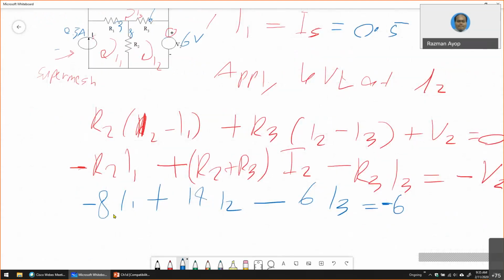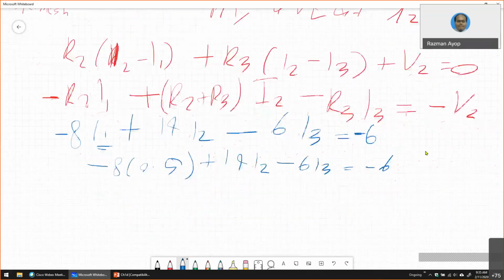You just insert the value in I1, so no need to complicate the equation. So negative 8 times 0.5. Be careful, if opposite direction, you put negative. So plus 14 I2 minus 6 I3 equals to negative 6.